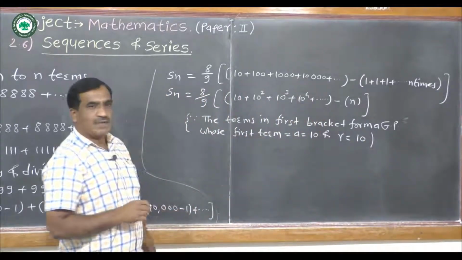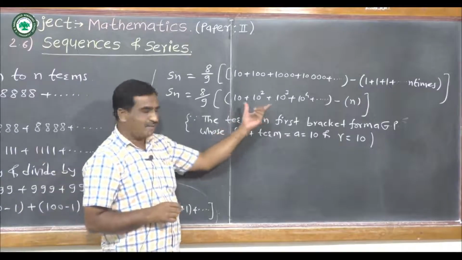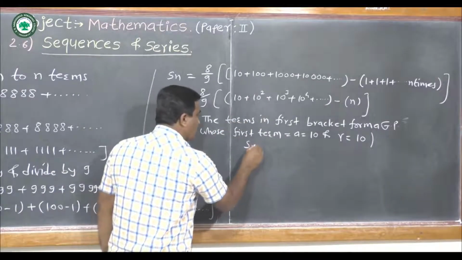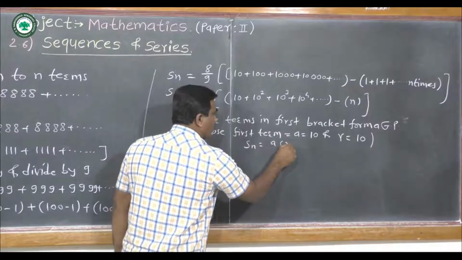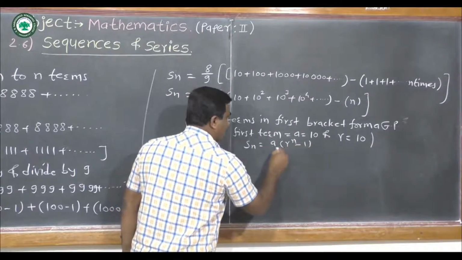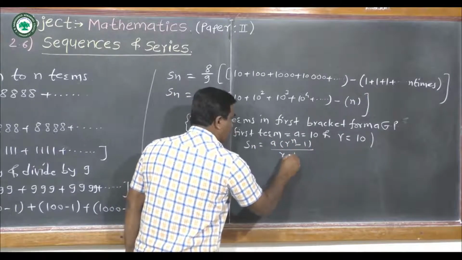Therefore, we can use the formula for Sn for this first bracket. The formula is Sn is equal to A into R raised to n minus 1 upon R minus 1.